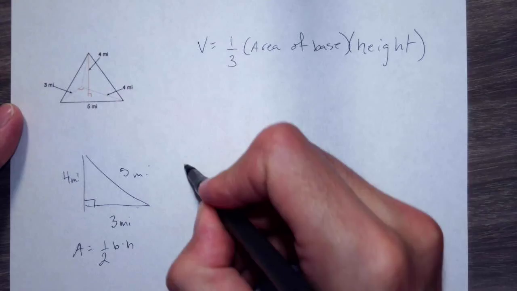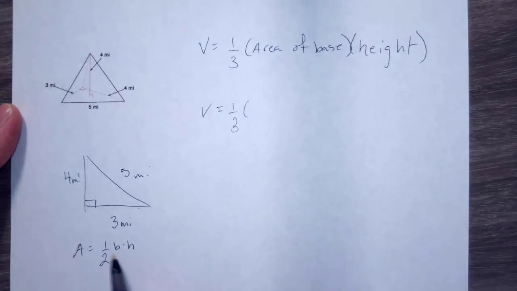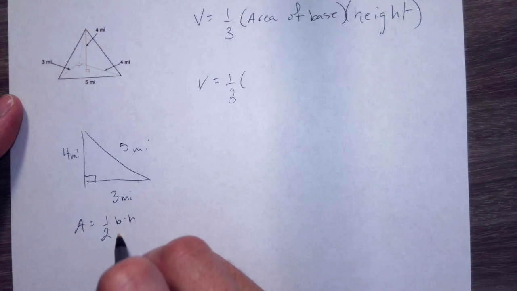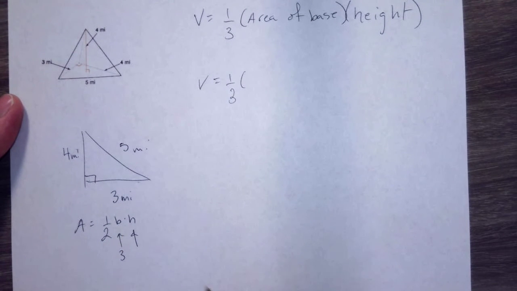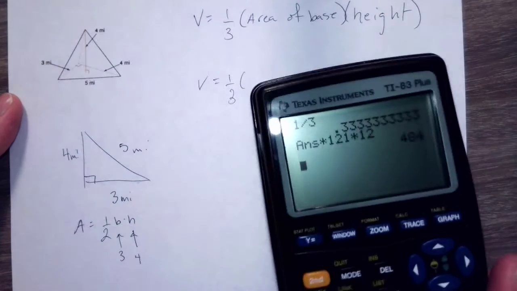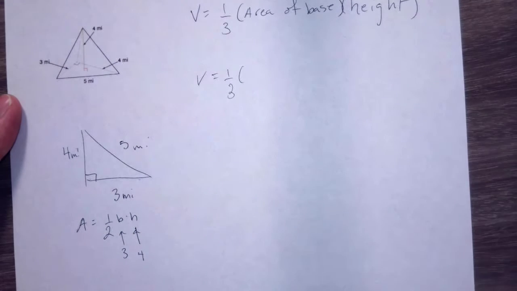So the area of the base will be 1/2 times 3 times 4. In a calculator, you could just do it all: 0.5 times 3 times 4, and we get 6.